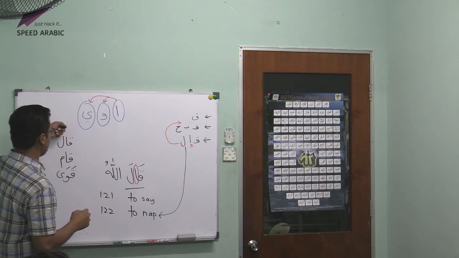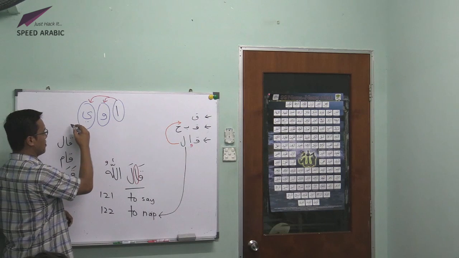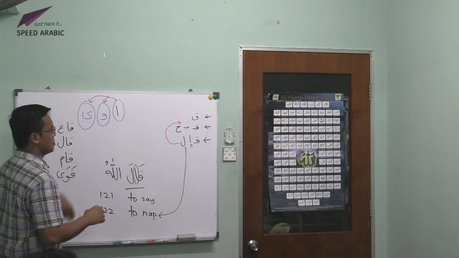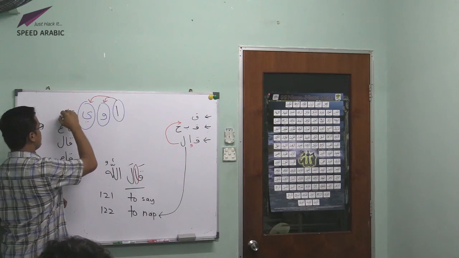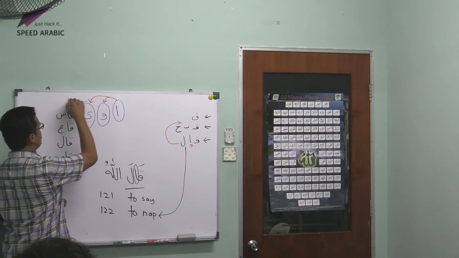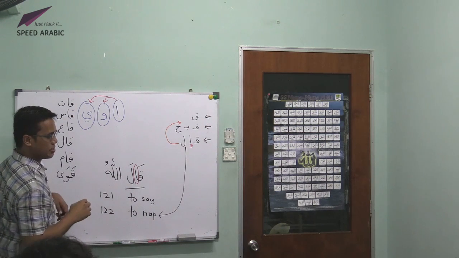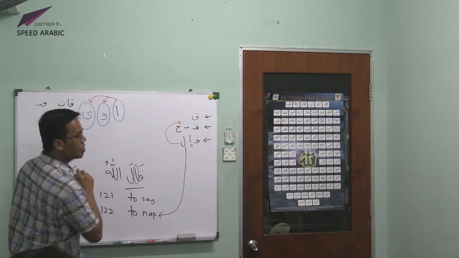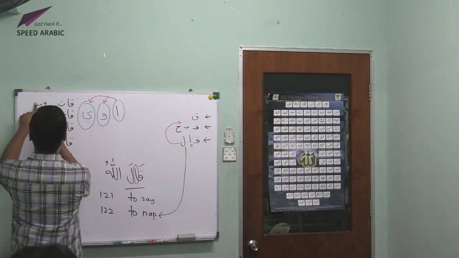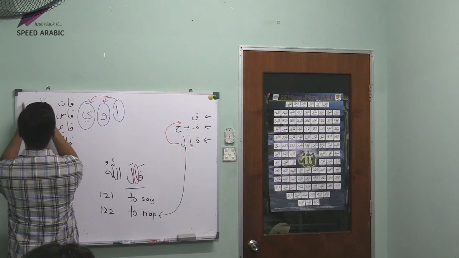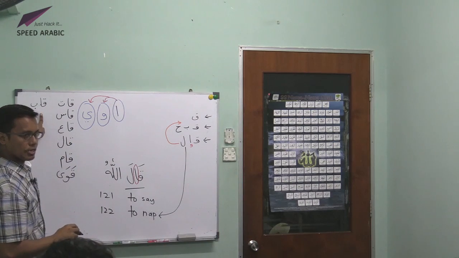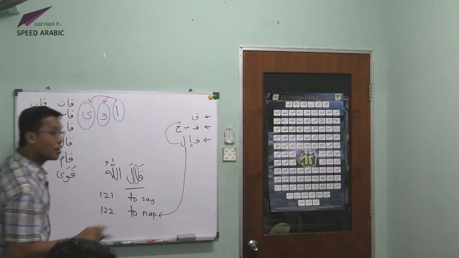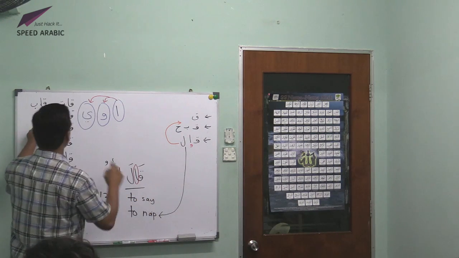Before qala? Qa'a. Before qa'a? Qasa. Before qasa? Qata. Before qata? Qaba. Again, before that? How do you spell it?